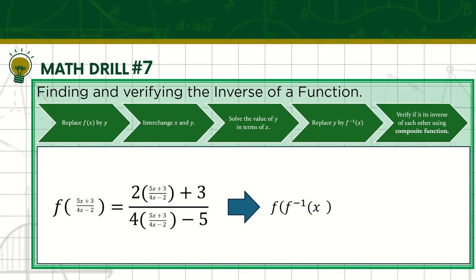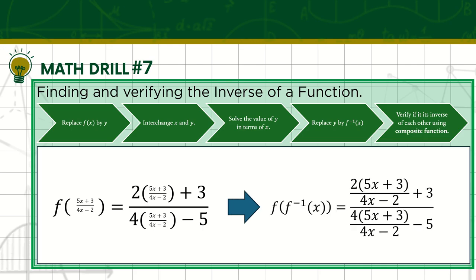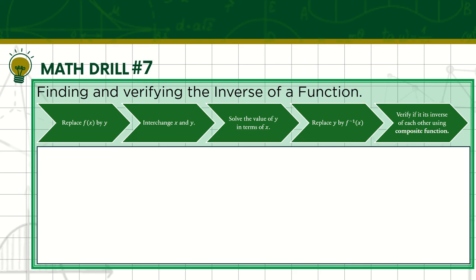So we have now to rewrite it as f of inverse of f of x is equal to 2 times (5x plus 3) all over (4x minus 2) plus 3, all over 4 times (5x plus 3) all over (4x minus 2) minus 5. To simplify this, first, let us simplify 2 times 5x plus 3.